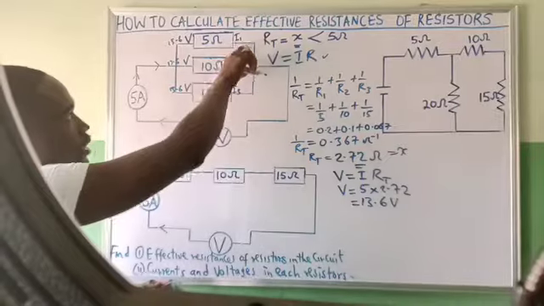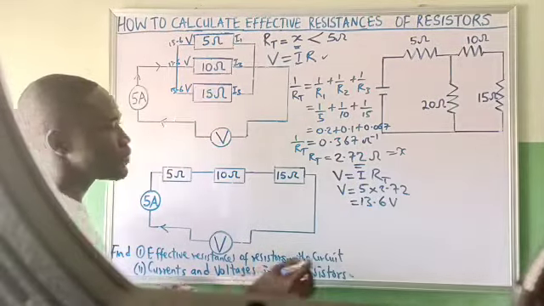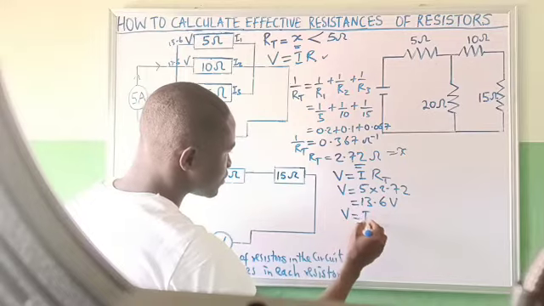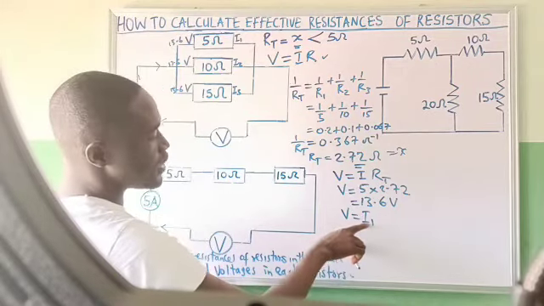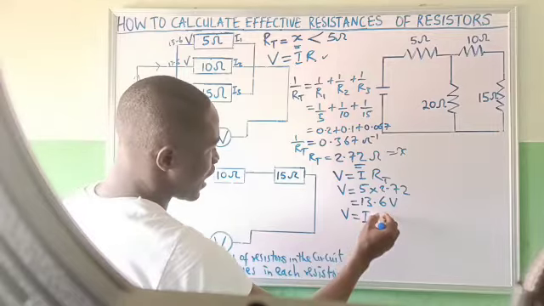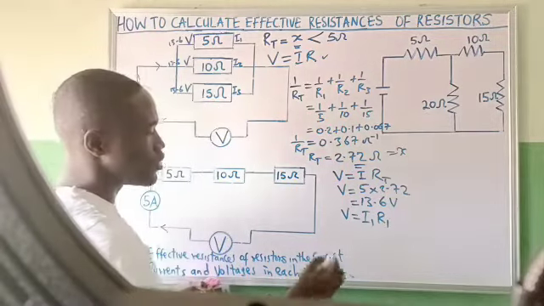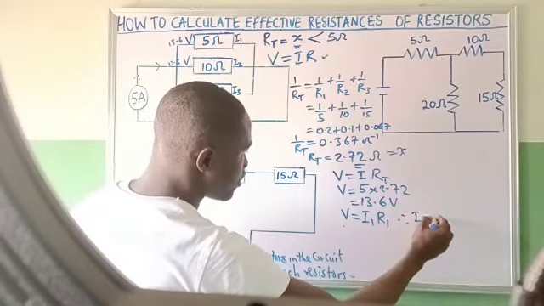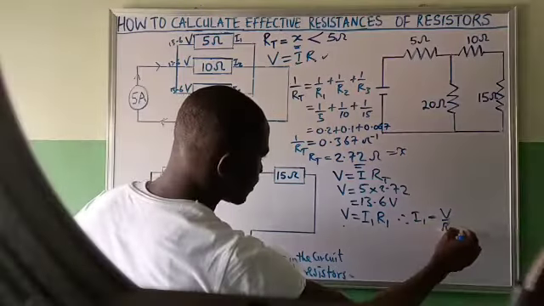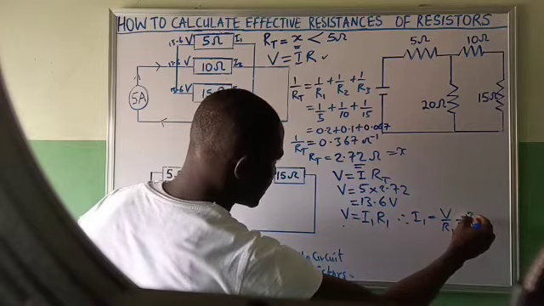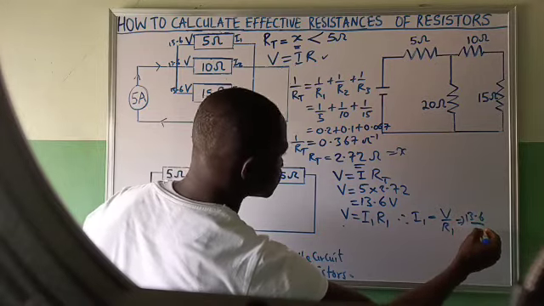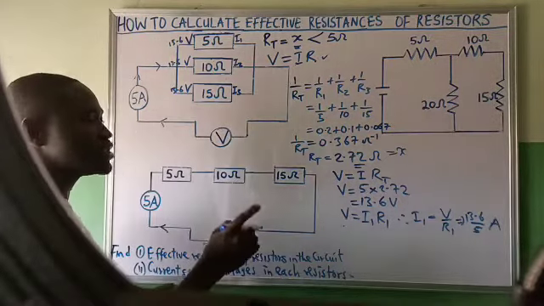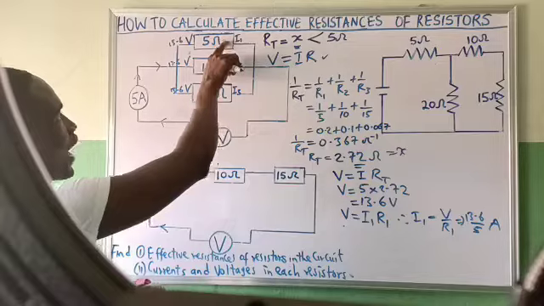What about the current passing through each? Since we say it will have the same voltage but different current, the first current will be I1, for R1. Therefore, I1 will be equal to V over R1. That is, V is 13.6 all over 5 ohms, 13.6 over 5 amperes is the current for I1.